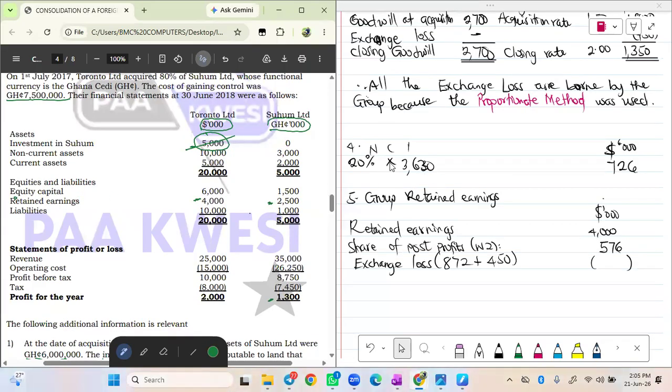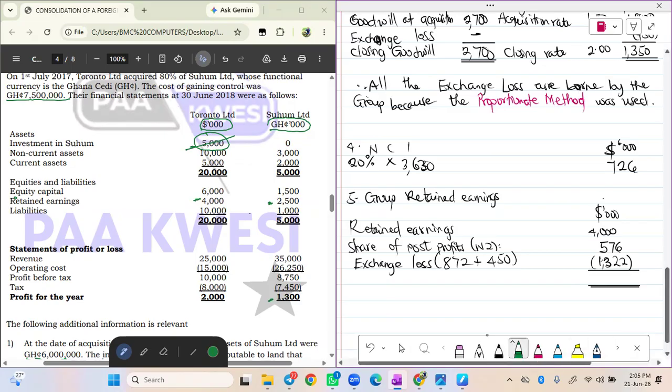It's the same thing, right? So what will be the group retained earnings? It's 1322. So what will be the total? The total is in dollars already. You don't have to retranslate everything. Then we move straight to the application of our statement.